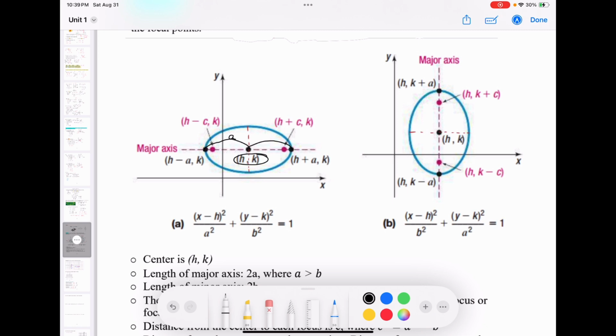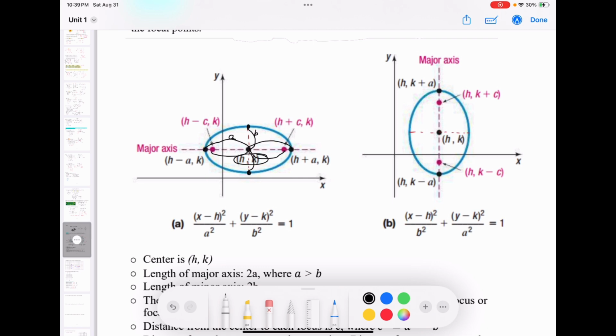If we move from the center to the left and the right c units, we get our foci. If we move up and down b units, we find our co-vertices.